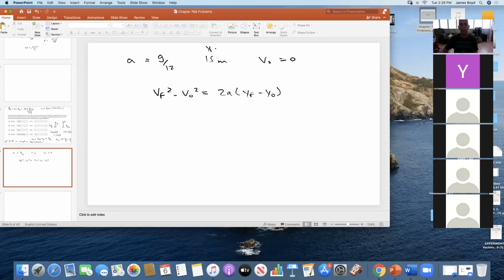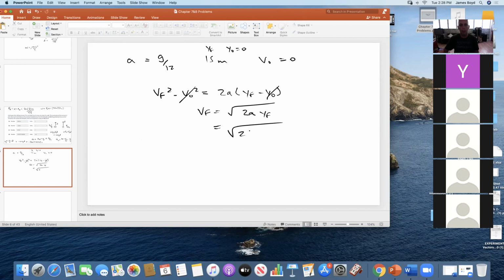This is our y final, our y initial is 0, and v initial is 0. So we get that v final squared is 2a y final. Take the square root. I'm sorry, a is g over 12.